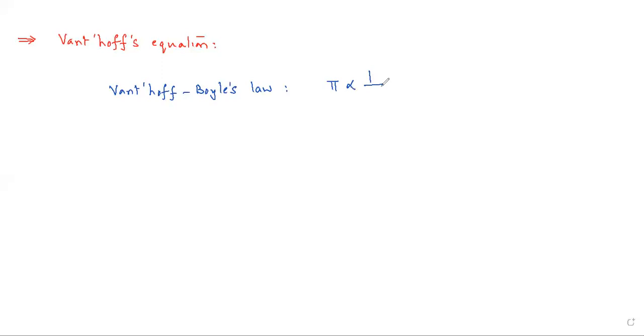It can be given as: osmotic pressure is inversely proportional to the volume of the solution at constant temperature.